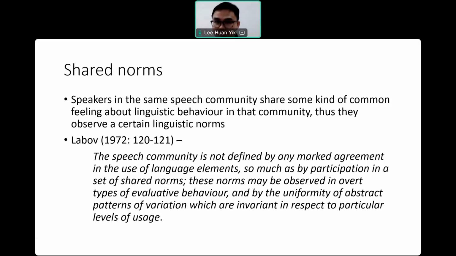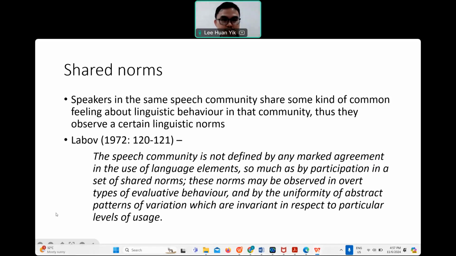So they tend to observe certain linguistic norms. The speech community is not actually defined by any agreement in terms of the use of language elements, according to Labov in 1972. It's more towards the norms and the pattern of usage of language.